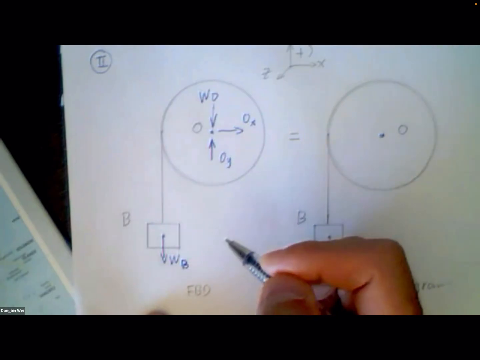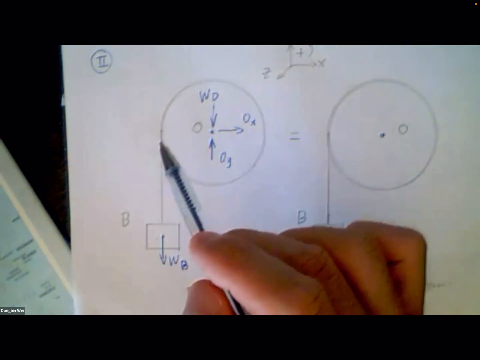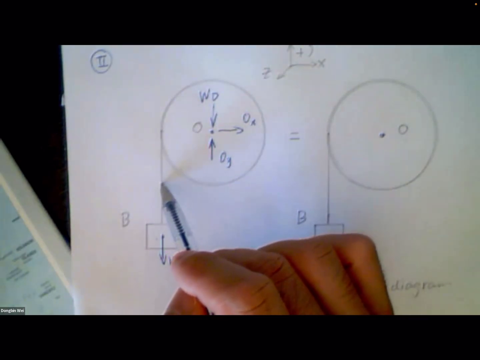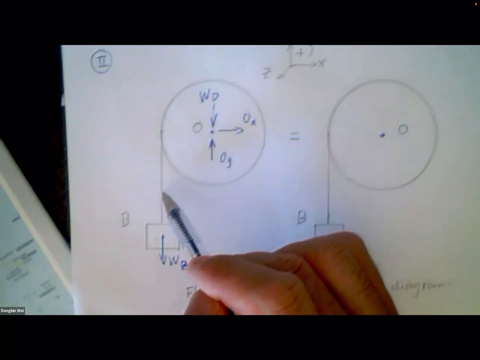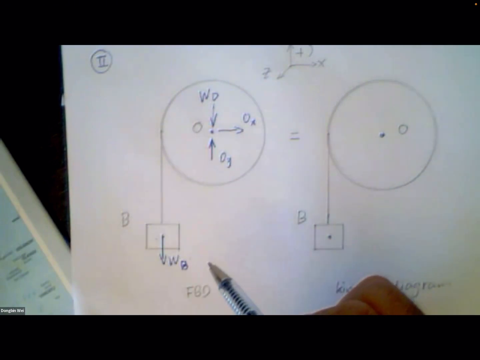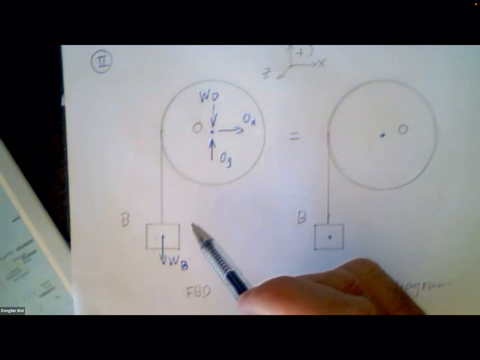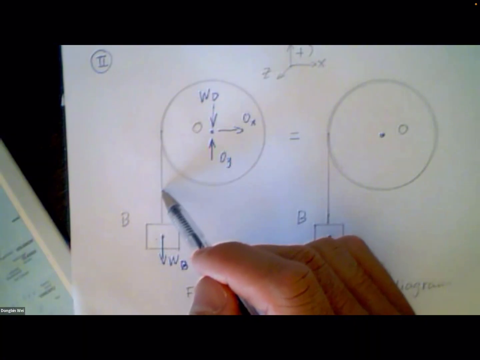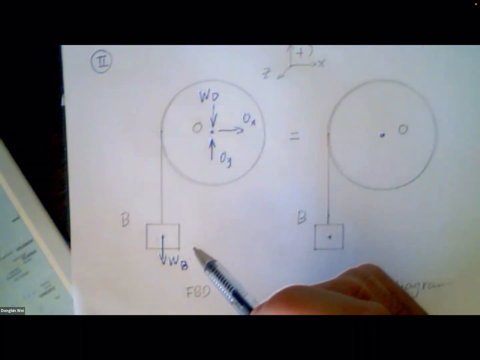Now, how about the tension force from the cord to this drum and the tension force to the block? Should I indicate this tension force here? Should I?